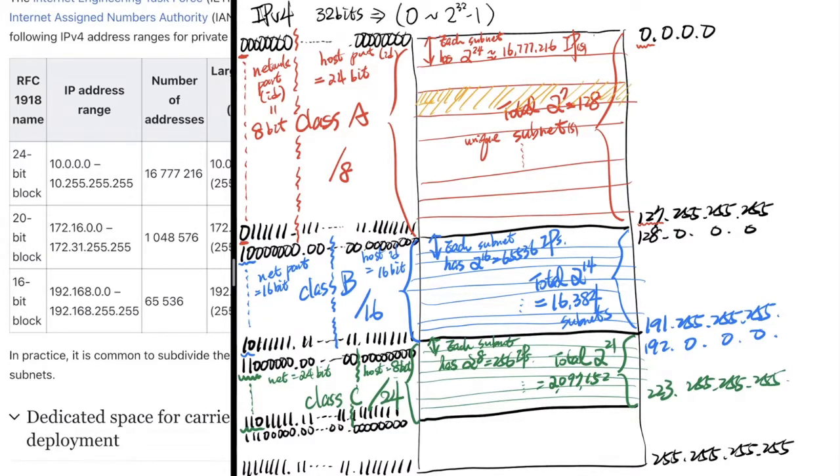It starts from 10. As we mentioned before, in Class A there are a total of 128 subnets. But one of the subnets starts with 10, 10.0.0.0 to 10.255.255.255.